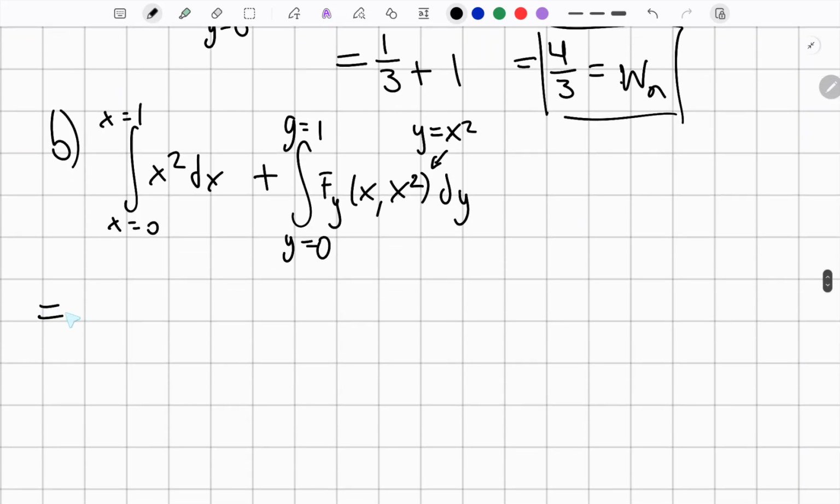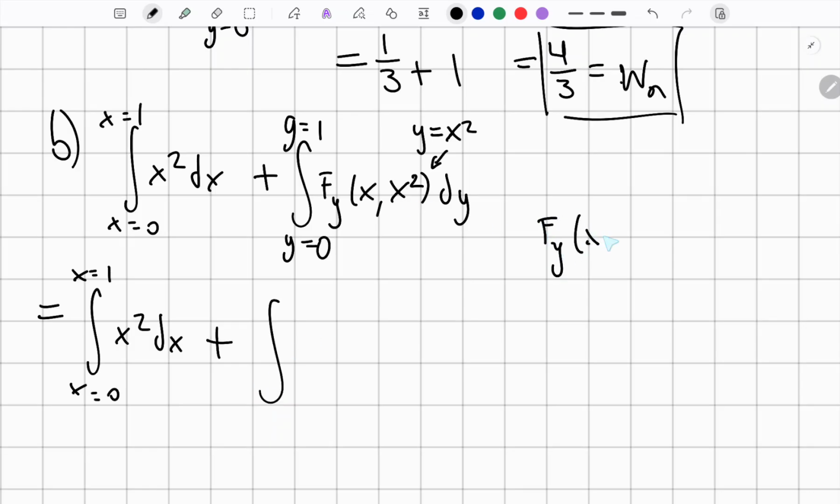Now, there's a couple ways you can do this. The way that I would recommend doing it is going from x equals 0 to x equals 1 of x squared dx plus, here's where things get interesting. We're going to take our F of y when we plug in x squared for y.